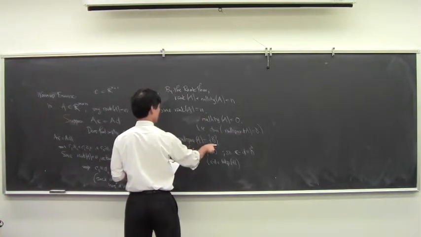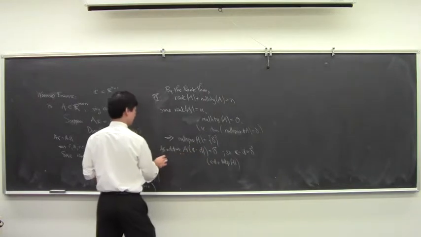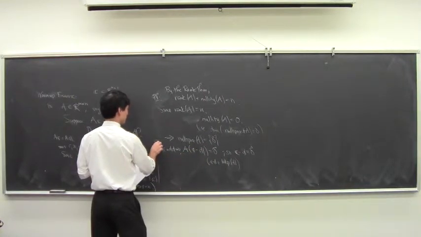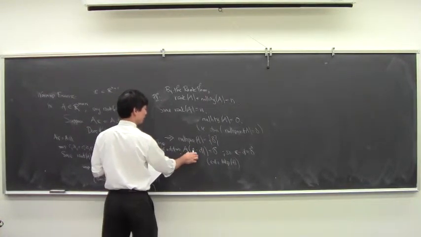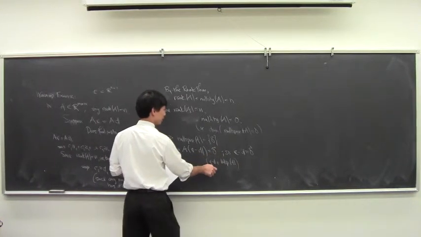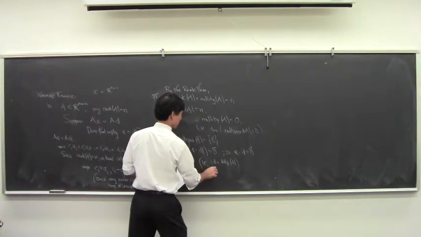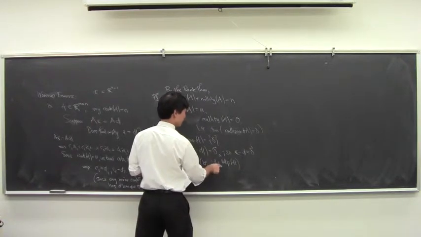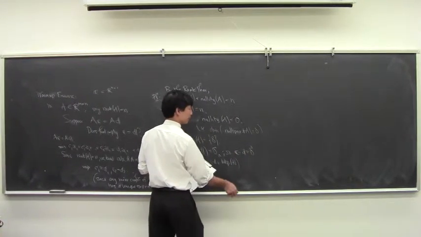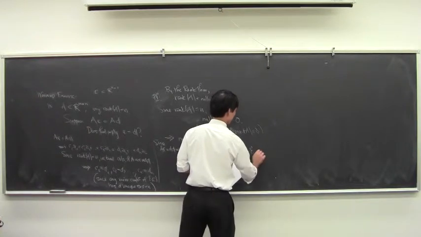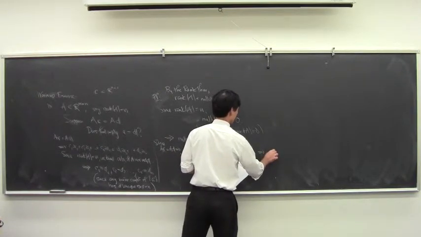That tells us the null space is the 0 element. Since AC equals AD, A(C minus D) is equal to 0. That is, C minus D is in the null space, so C minus D equals 0. In other words, C equals D.